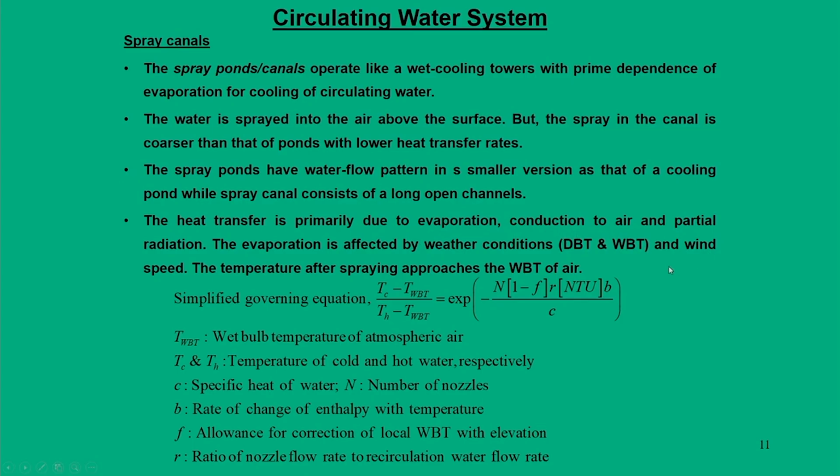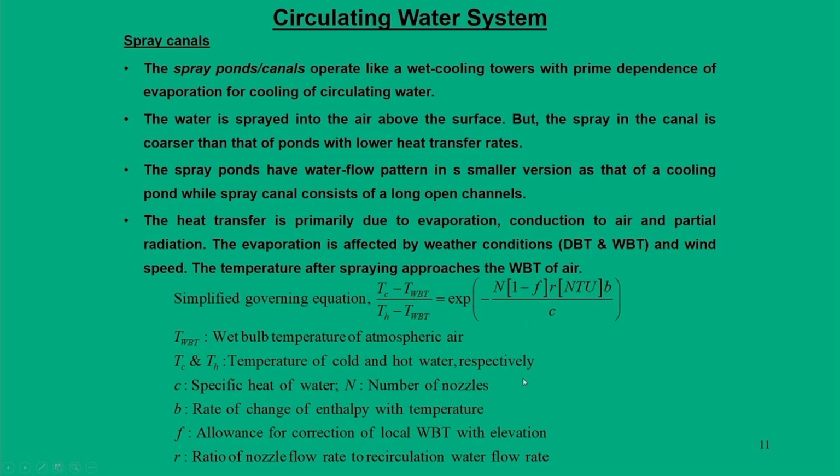But another parameter that comes in here is weather conditions. Since air comes into the picture, air dry bulb temperature and wet bulb temperature also need to be considered. So we use similar governing equations, and the notations are given here.